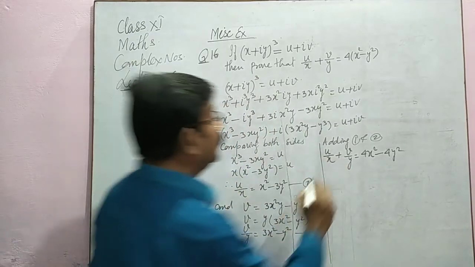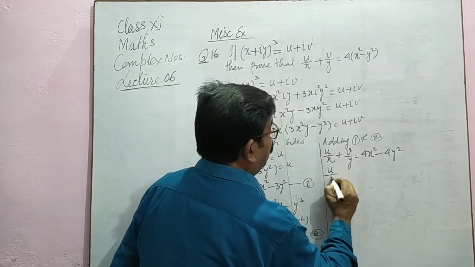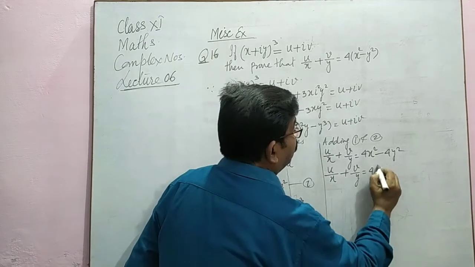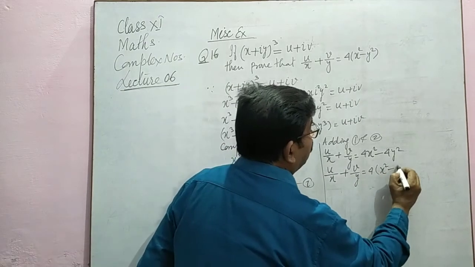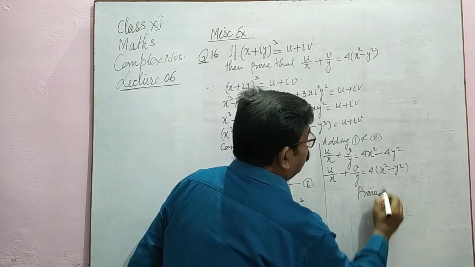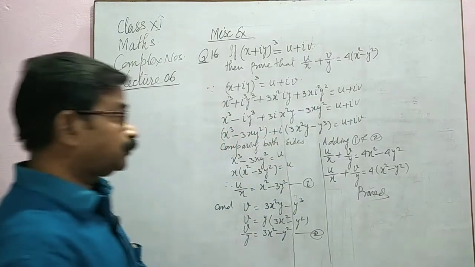Simply 4 is common, so u/x + v/y = 4(x² − y²). This was to prove, so this is proved.